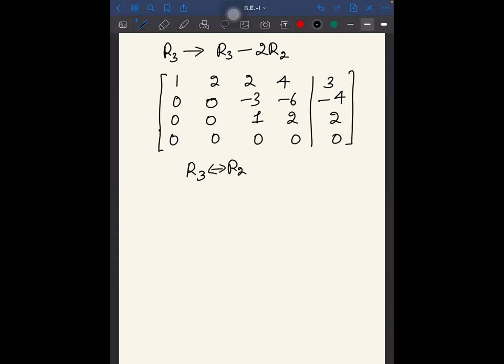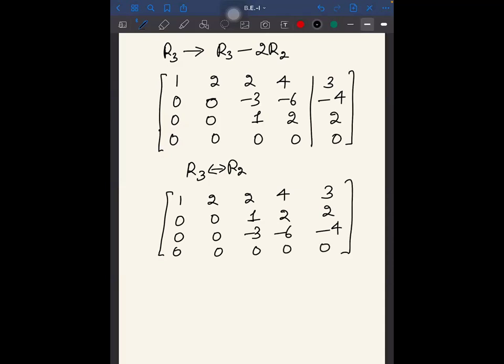Okay. So this will be like 1, 2, 2, 4, 3, 0, 0, 1, 2, 2, 0, 0, minus 3, minus 6, minus 4, 0, 0, 0, 0, 0. Now you want to make zeros over here as well because your leading entry has become 1 now. So what are you going to do? You simply operate on R3, R3 plus 3 times the R2.